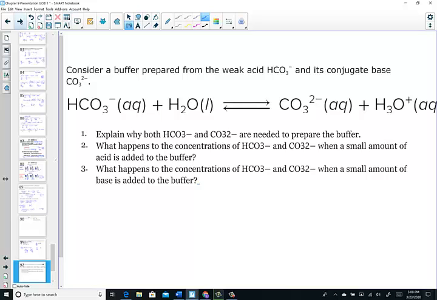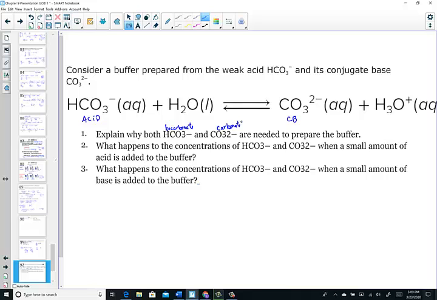Consider a buffered solution prepared from the weak acid, bicarbonate, and its conjugate base, carbonate. So here is the acid. Here is its conjugate base. So this is in a buffered solution. Explain why both HCO3 negative, this is what we call bicarbonate, and carbonate, CO3 minus 2, are needed to prepare the buffer.